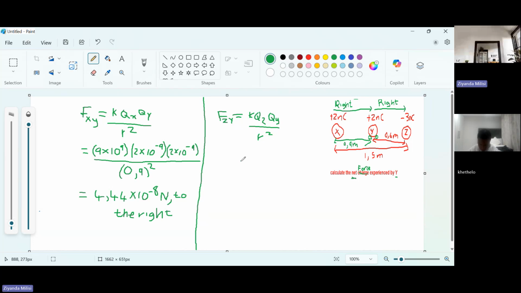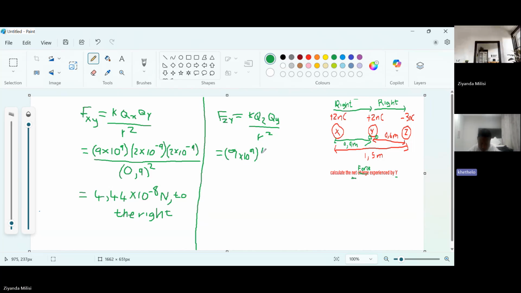Then the next one, we do the same thing. We substitute. What is K? 9 times 10 to the 9. What is the charge on Z?